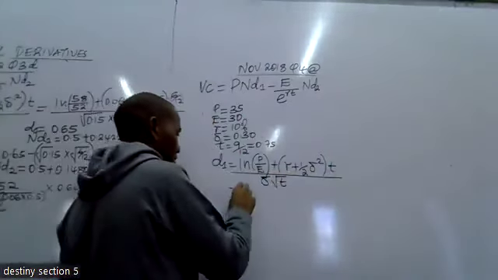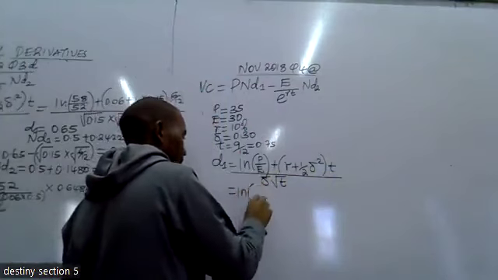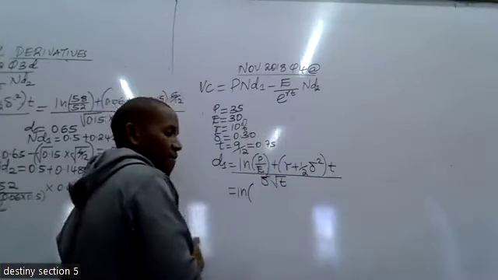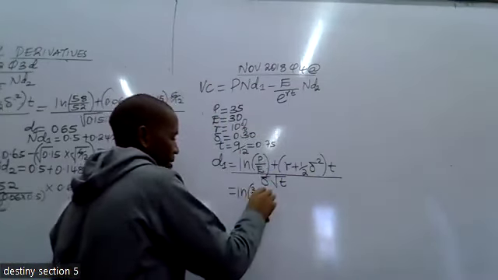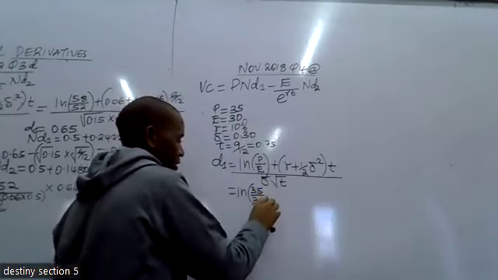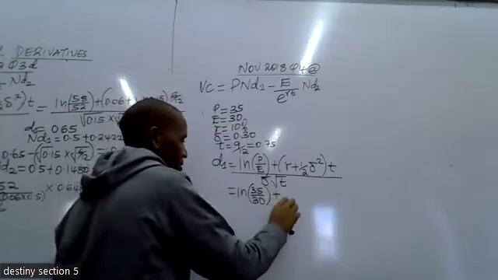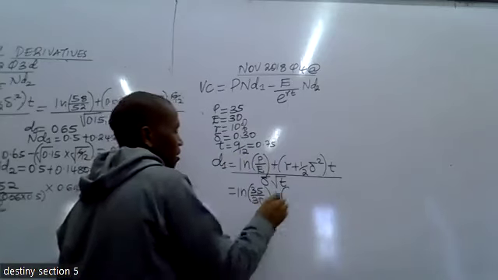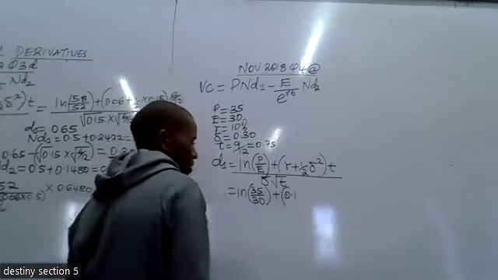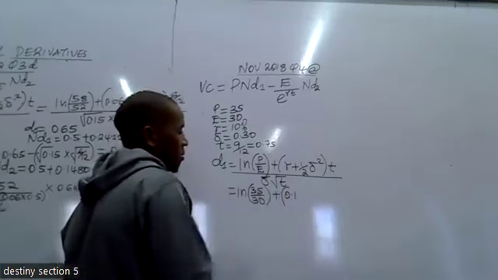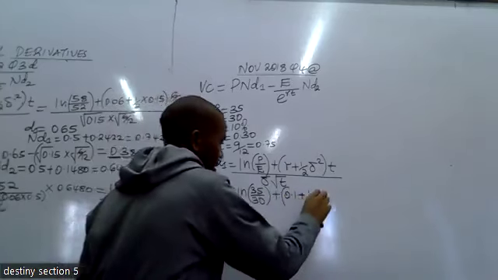So this will be ln of price, how much? 35 divided by 30 plus R, 10% is 0.1, plus.